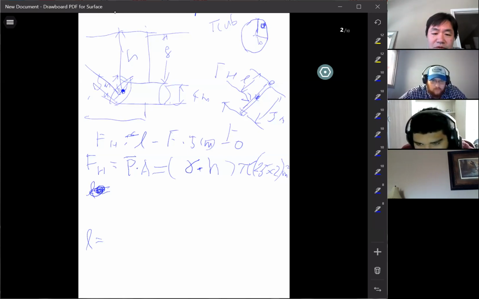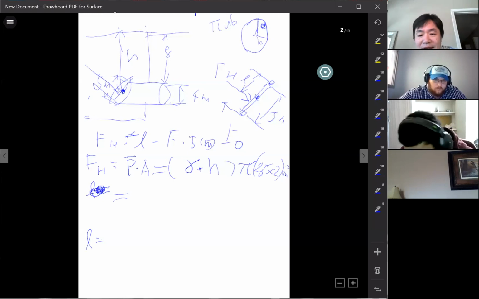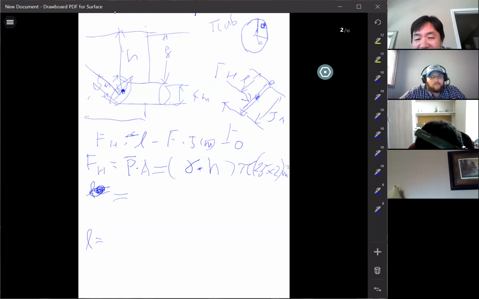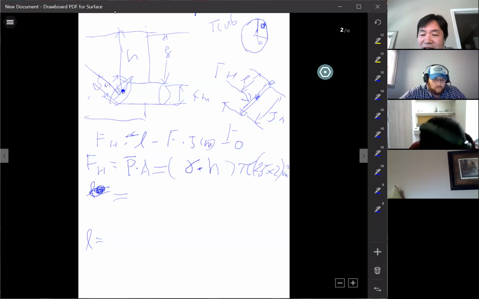In order to find H, basically we narrow it down to finding the water depth at the centroid of this plate, the H. That's the only unknown here. So what is H?